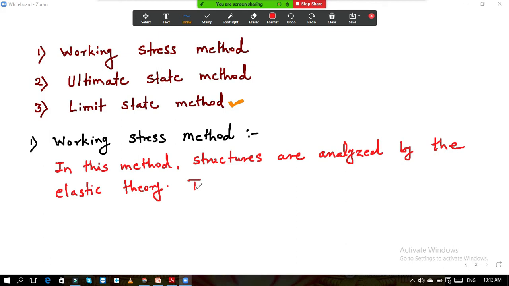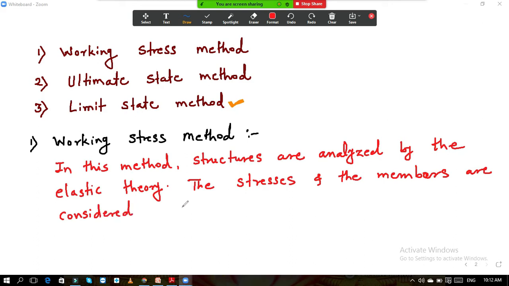And the stresses and the members are considered for normal working load condition.